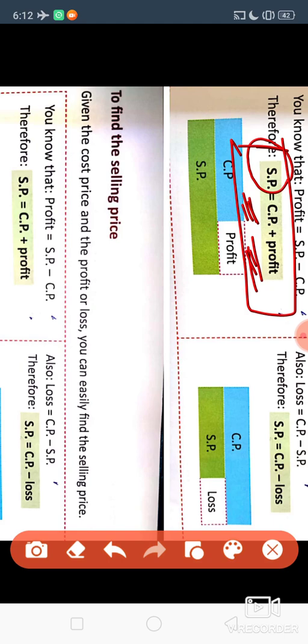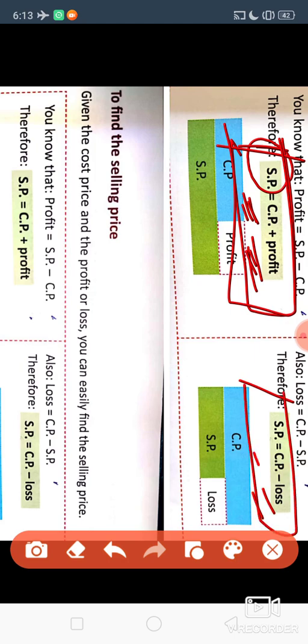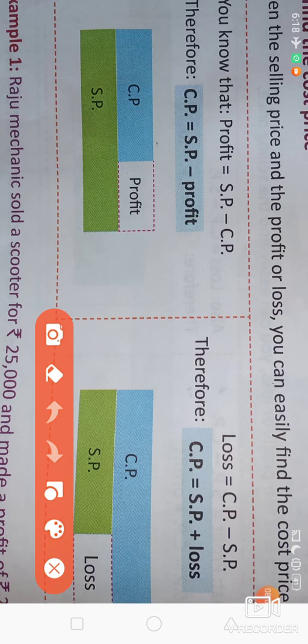When loss is given to you and cost price is given to you, then selling price is equal to CP minus loss. So we have seen 2 ways to find SP.